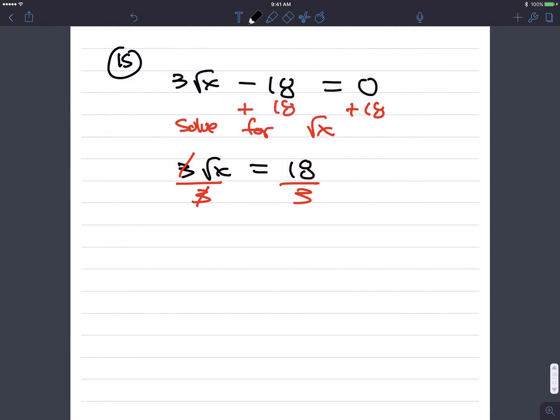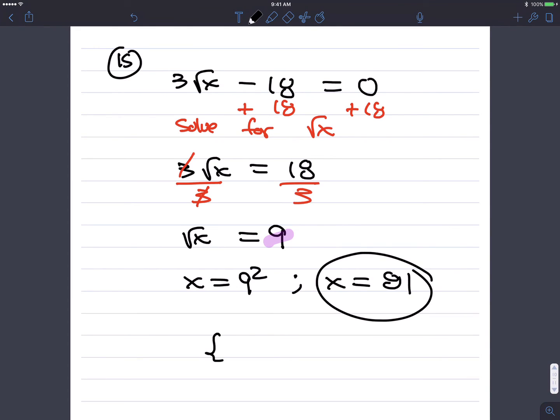We're solving for the radical. We get the square root of x is actually 9. This number is non-negative. It's not negative. Specifically, it's positive. We can use the formula. x will be 9 squared, or x is 81. Here's our solution.